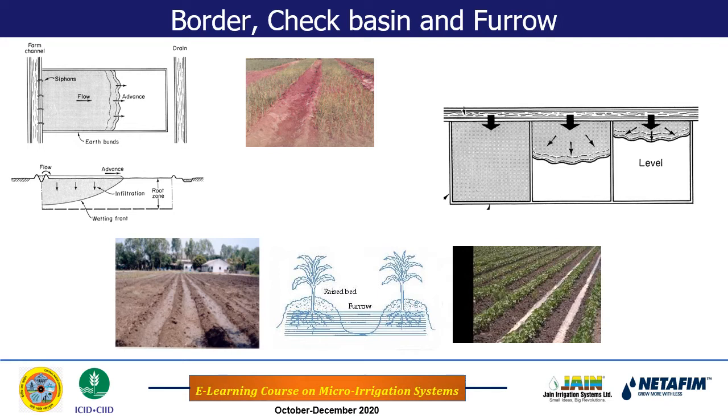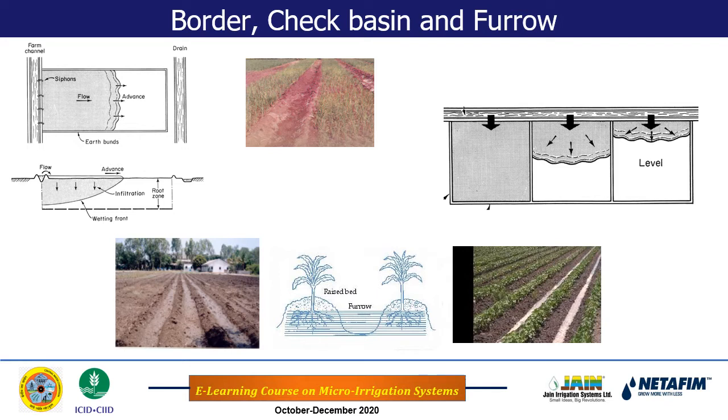And in this method, the water from the field channel is diverted into these basins, and this diversion will continue till the basin is filled with the desired depth of the water actually. And when the water is ponded over the basin, then this water will further infiltrate into the soil root zone.